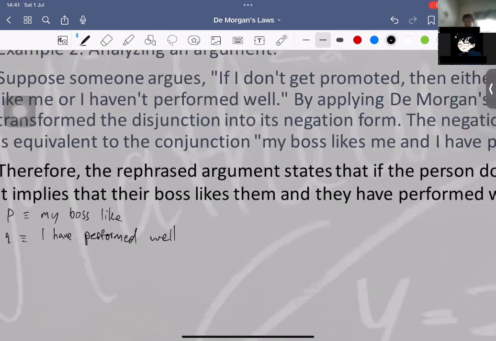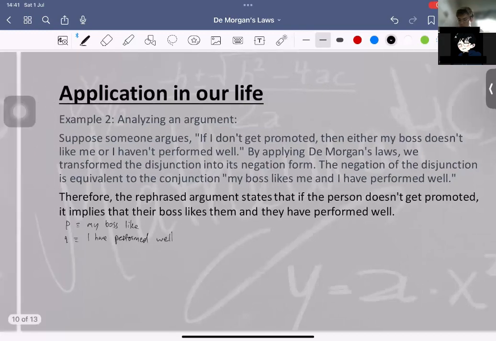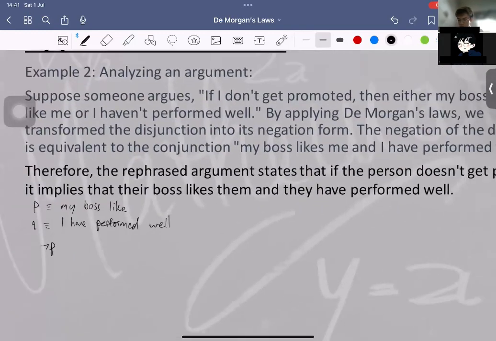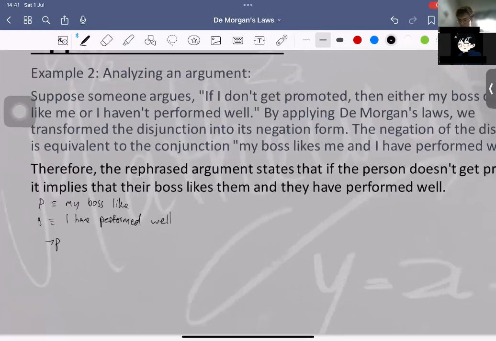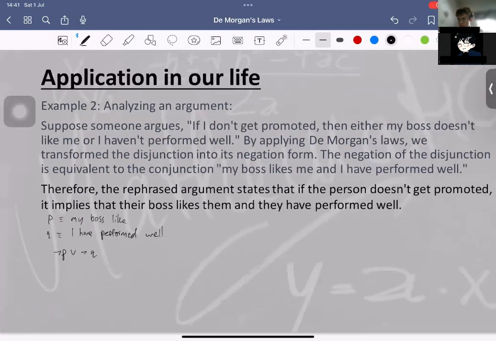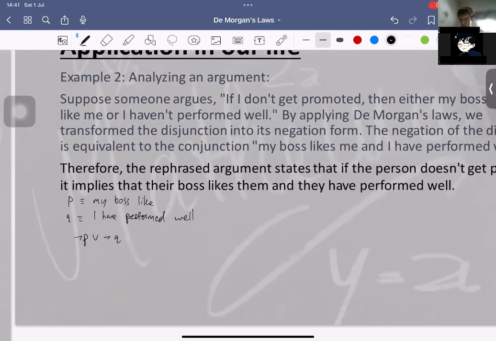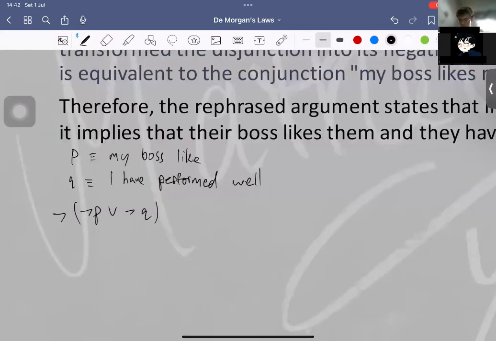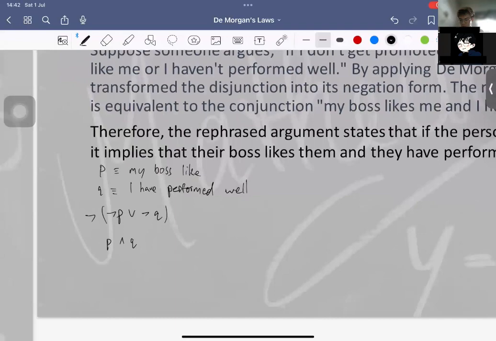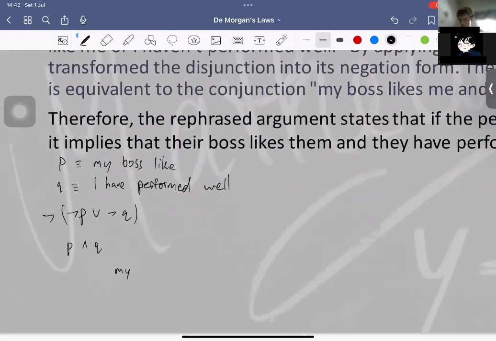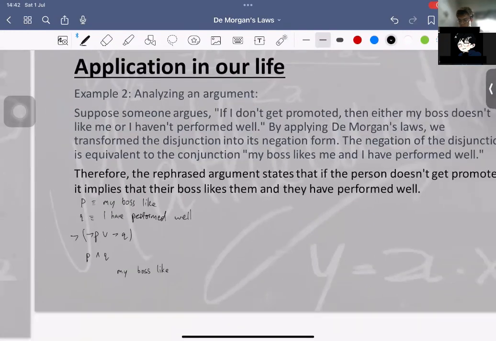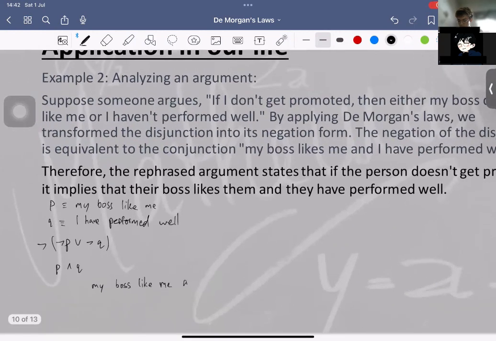So the original statement will be not P or not Q. By applying De Morgan's law, we negate this, so we will get P and Q. P and Q would be my boss likes me and I have performed well.